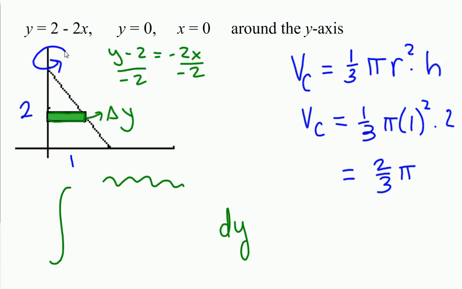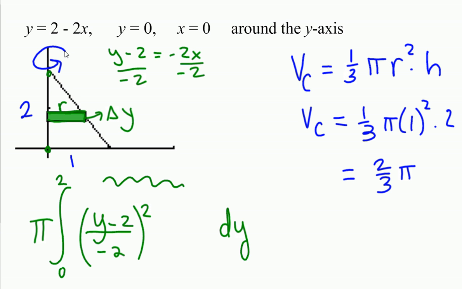As you can see, we're going to use the disc method because there's no hole. The formula for the disc method is just pi r squared, and our r is our function here, (y minus 2) over negative 2, squared. We are going to integrate because our y values start at 0 and go up to 2.